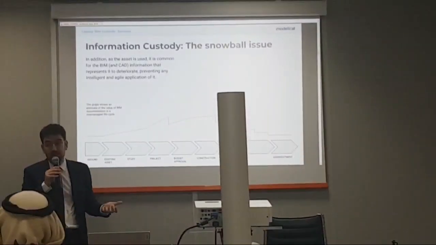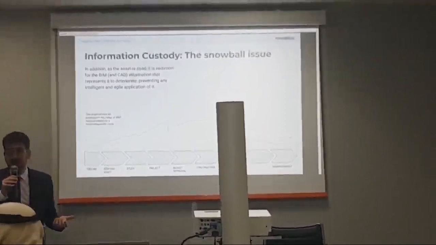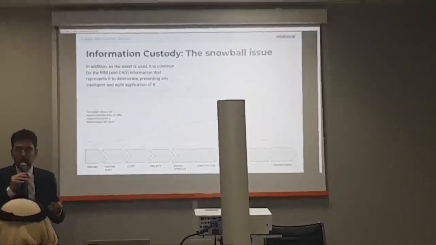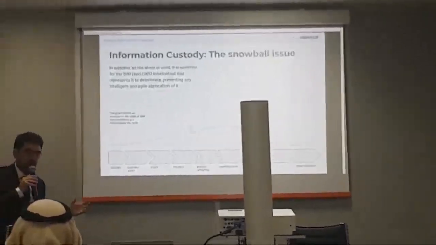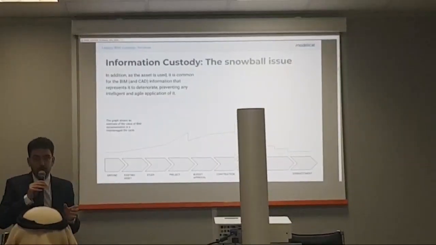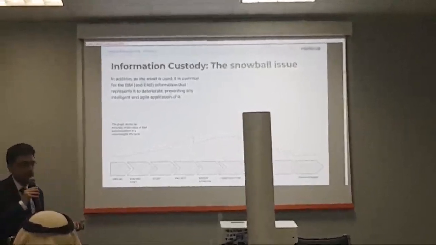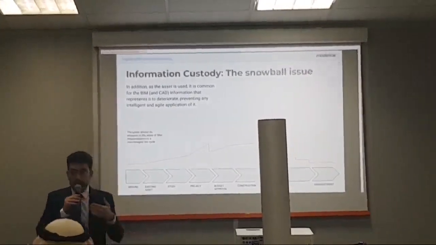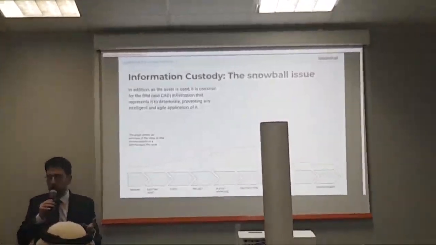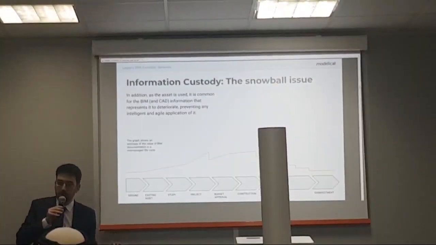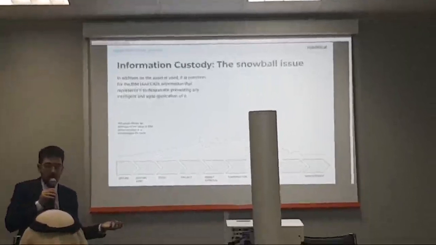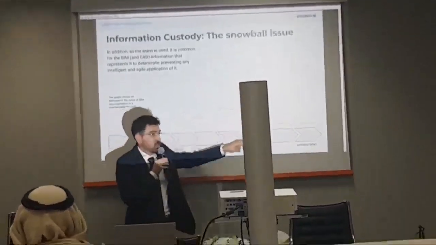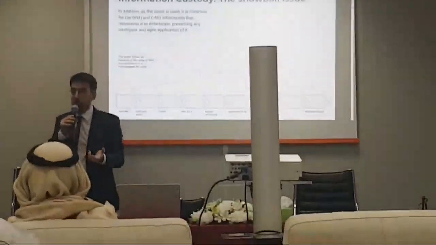In fact, it's not information, it's data. What's the difference? Information is the part of the data that allows you to make decisions. If the data in the project is not upgraded, you cannot make decisions based on that data. It's not information. So you are losing information because you are not upgrading the model.